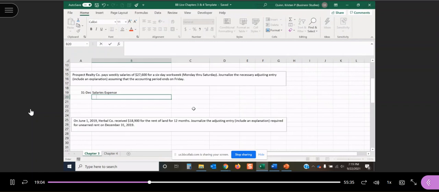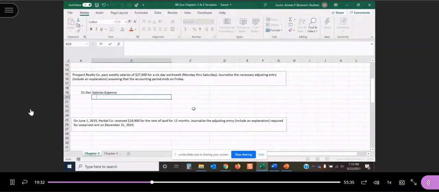We need to capture what happens in a business in a particular month. So we need to make sure that even though Monday through Friday happened in September and Saturday happens in October, we have to make sure we're splitting that expense between the 5 days in September and our 1 day in October.